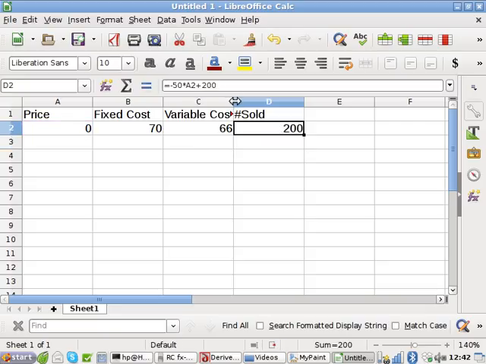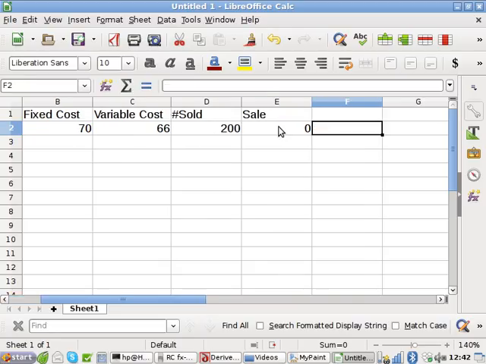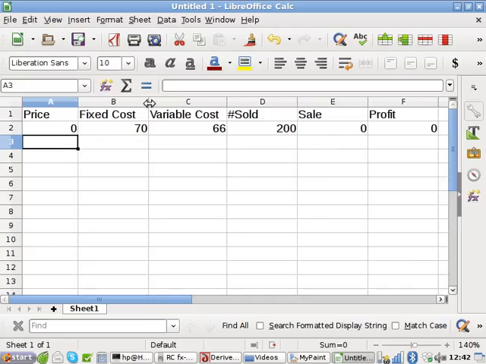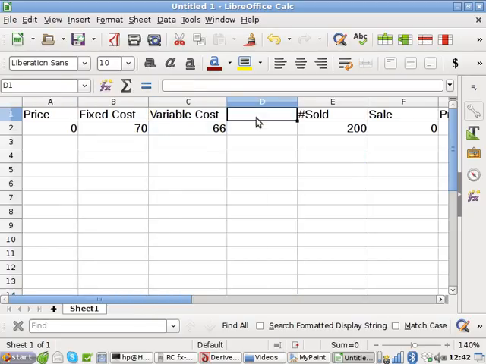What else will the business need? It's sales, which is P times Q, price times how many sold. So sales are 0. And then finally the profit. Oh, I left out something here. I should have a total cost, shouldn't I? Which is this one plus this one.